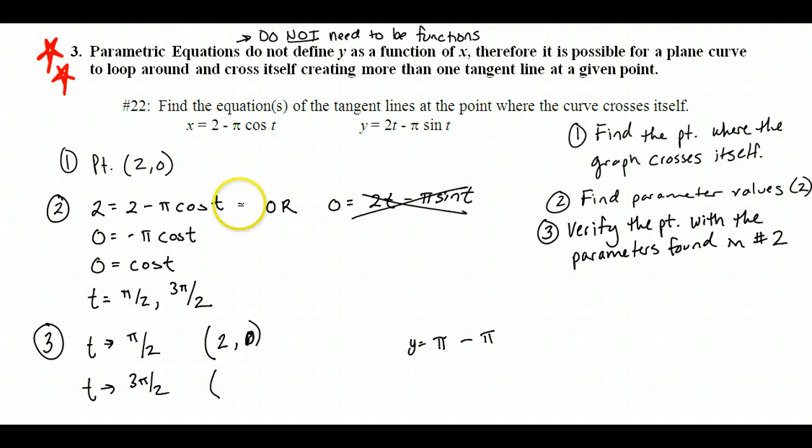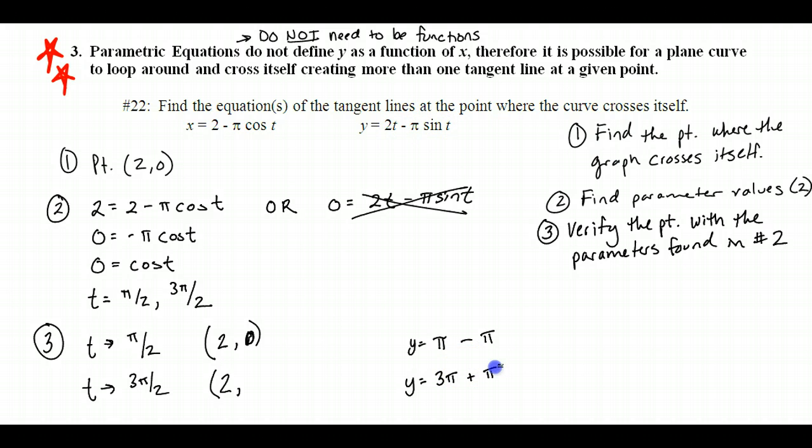So if I plug in 3 pi over 2, cosine of 3 pi over 2 is equivalent to 0, times pi is 0, 2 minus 0 is 2. Plug it into the y equation. 2 times 3 pi over 2 will give us 3 pi, minus sine of 3 pi over 2, which is equivalent to negative 1, times a negative pi.